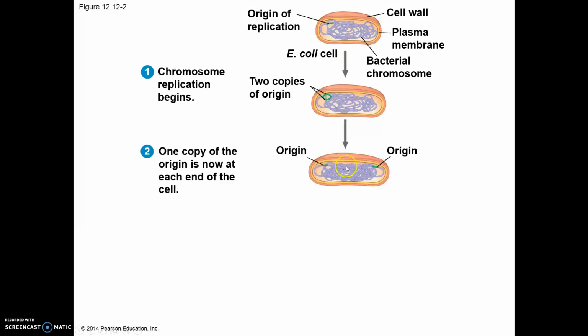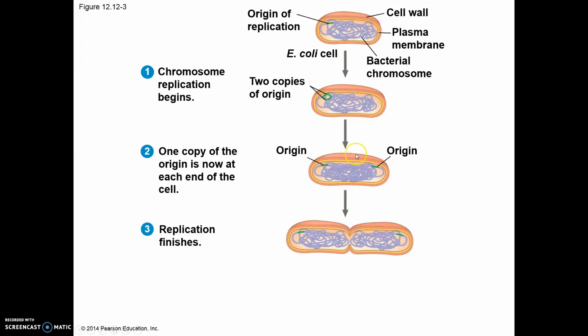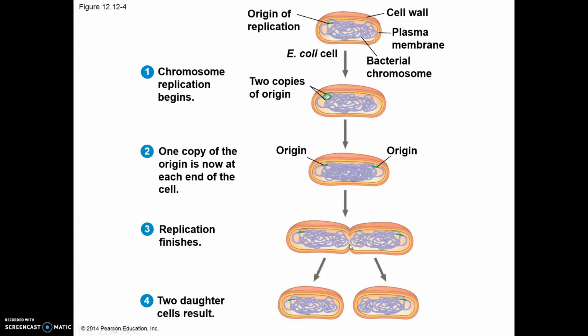That continues to spread apart at both forks, and we'll keep on going until we have two full copies, and then we can start dividing the cell into two using a process that's very similar to cytokinesis within our own cells. It doesn't use actin filaments, but uses something fairly similar to achieve that. And now we have two daughter cells.